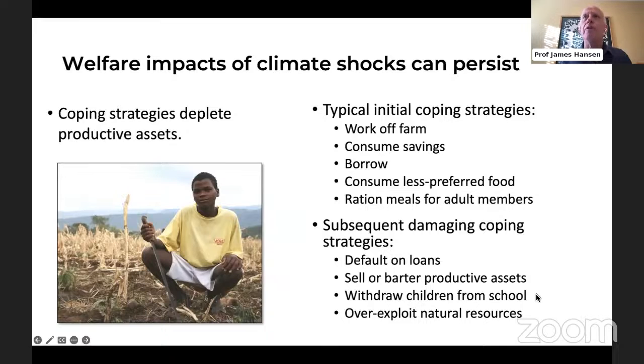Withdrawing children from school so that they can forage, so that they can do low-pay menial tasks for income, so they can beg. Overexploiting natural resources. These types of coping strategies deplete productive assets, although they may help a family survive a period of stress. They will reduce their capacity to earn a good livelihood into the future.